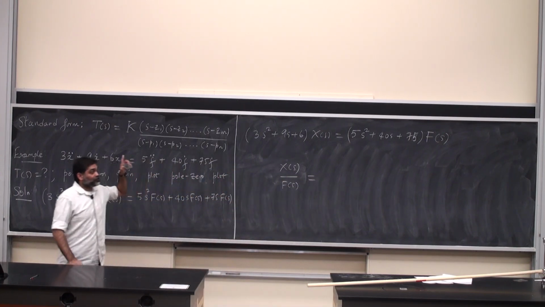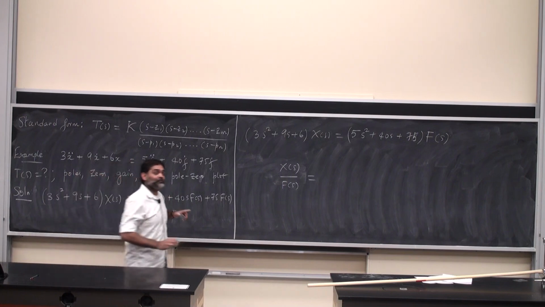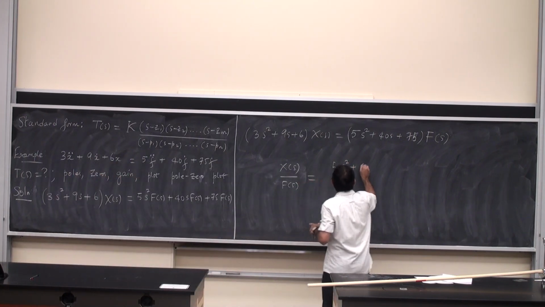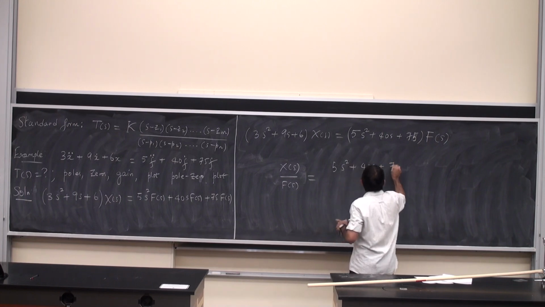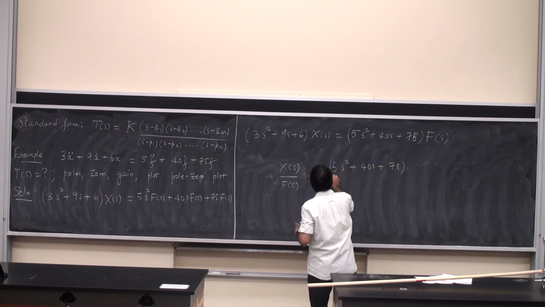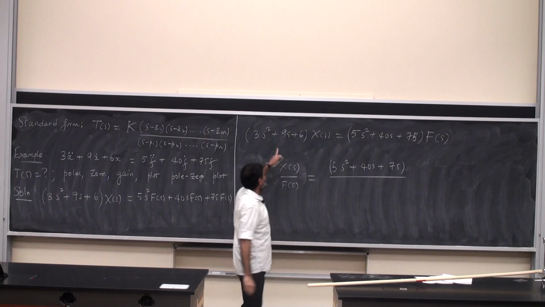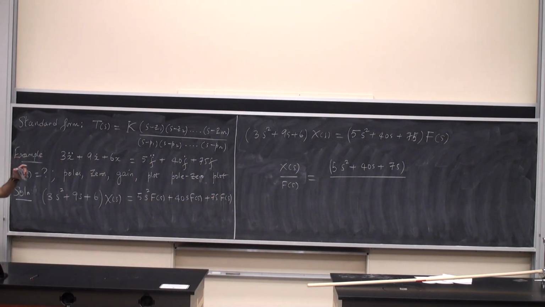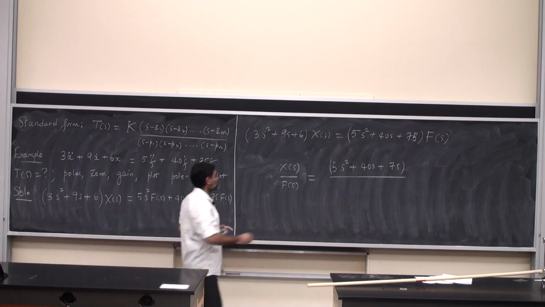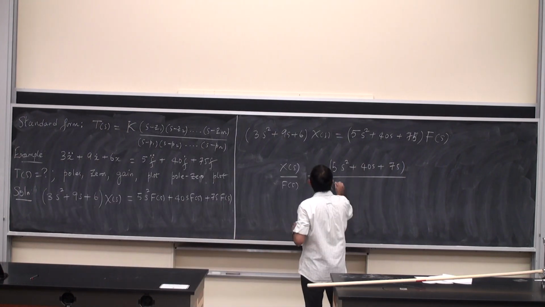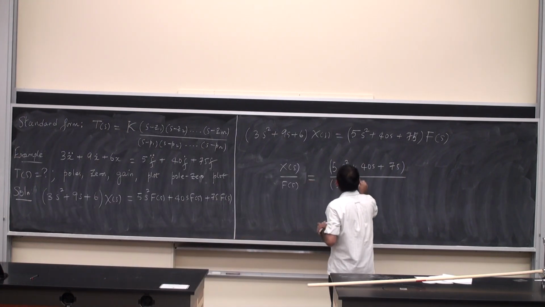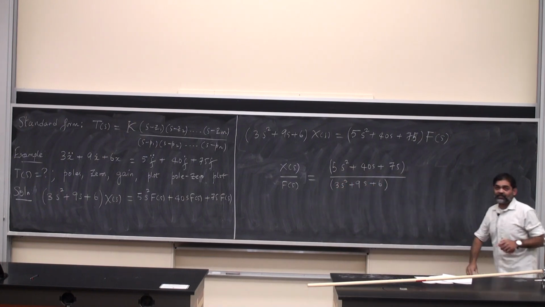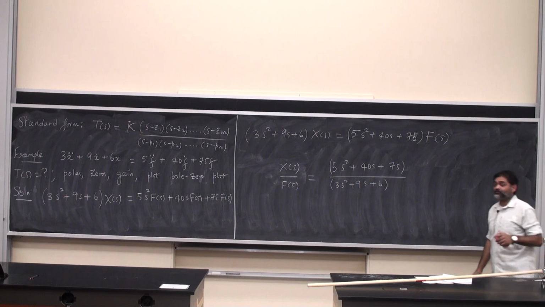Keep the numerator of the right hand side where it belongs. Bring the polynomial, which is the characteristic equation of the system, onto the right hand side. It becomes a part of the denominator. And so this is 3s square plus 9s plus 6. This is the system transfer function.